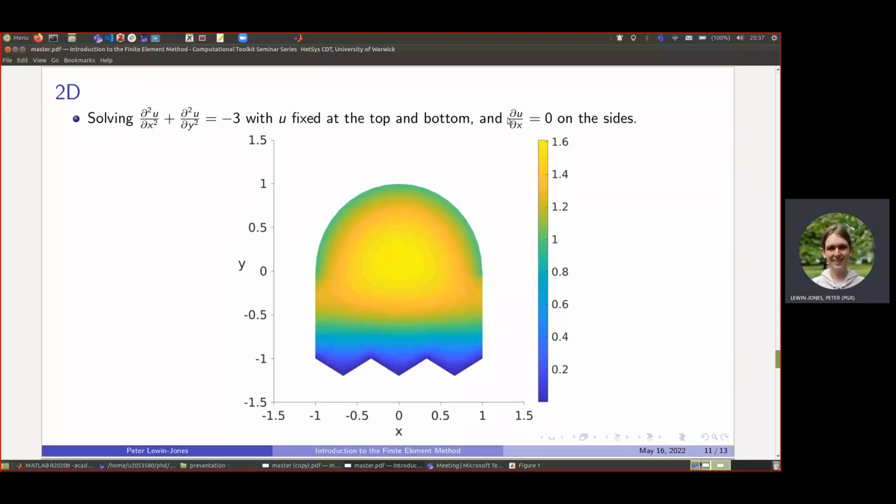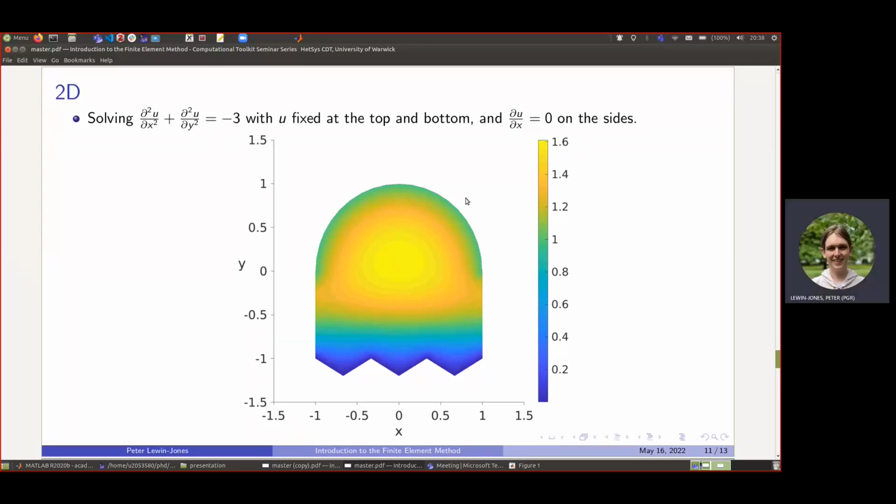And then I used a Neumann condition on the right and left side of the domain, and I'll discuss how we implement that in a second. And then solved it. You can see that it comes out very nicely, and we've got a variable u, which I've just labeled by the color in the domain, that satisfies this equation with the required boundary conditions.